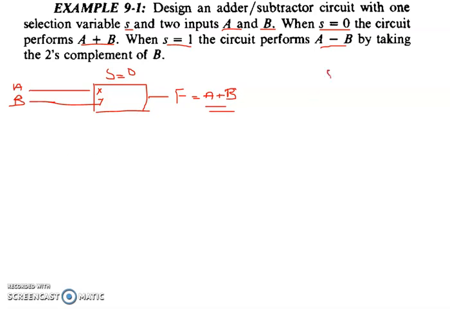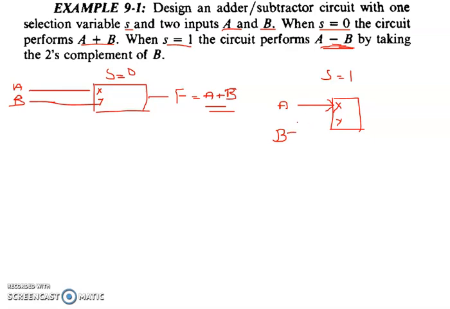But in case S is equal to 1, again you will be having a parallel adder with X and Y inputs. So you need to perform A minus B. A can be directly given as an operand to the X. In the case of B, what A minus B needs to perform, isn't it?